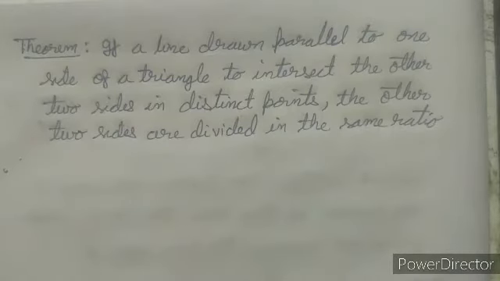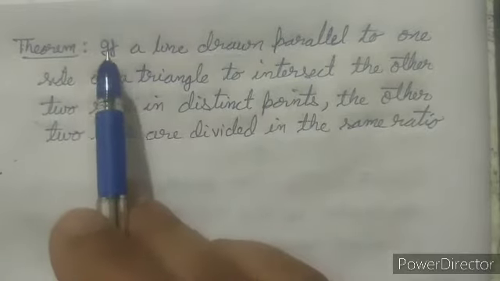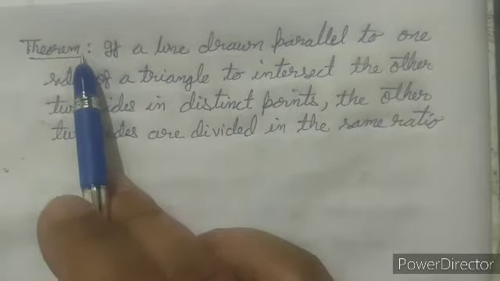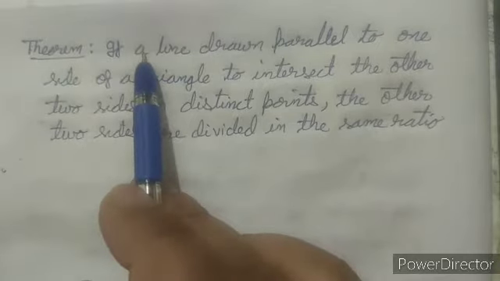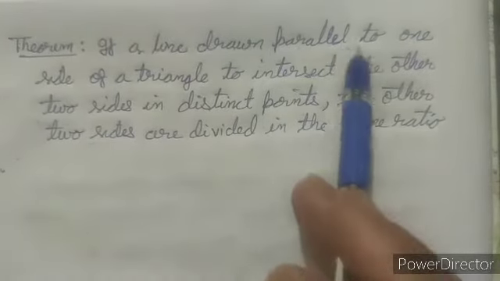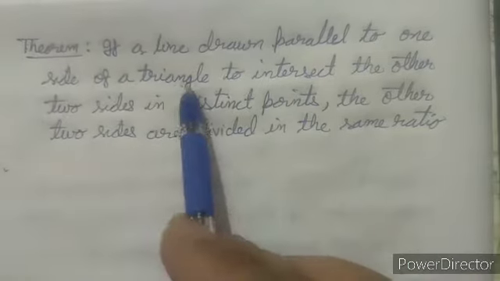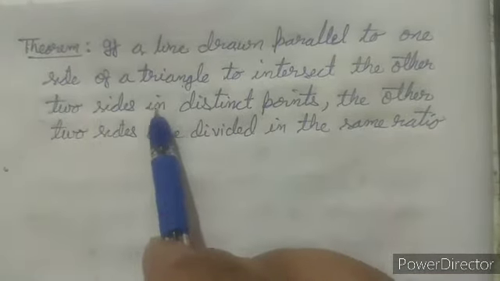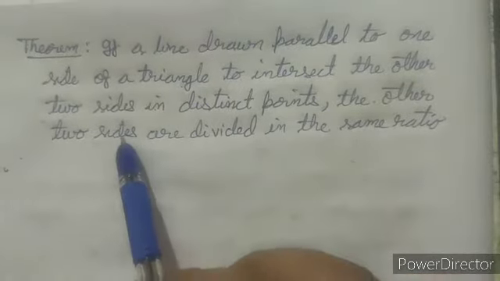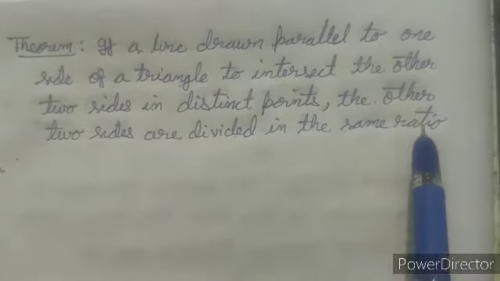Now we will do exercise 6.2, but before that we will do a theorem related to exercise 6.2. If a line is drawn parallel to one side of a triangle to intersect the other two sides in distinct points, the other two sides are divided in the same ratio.